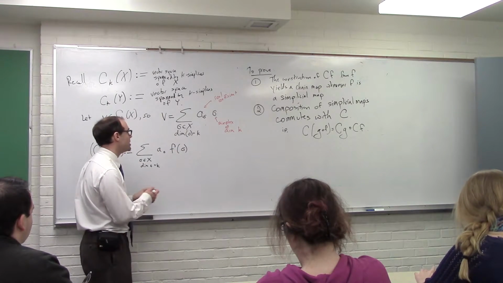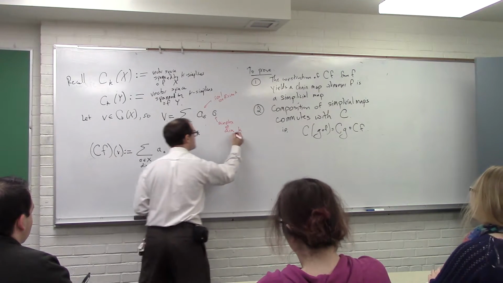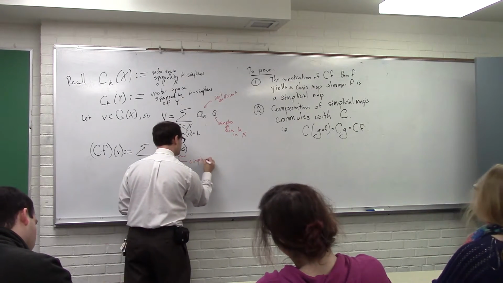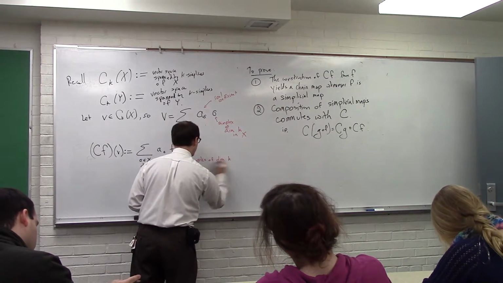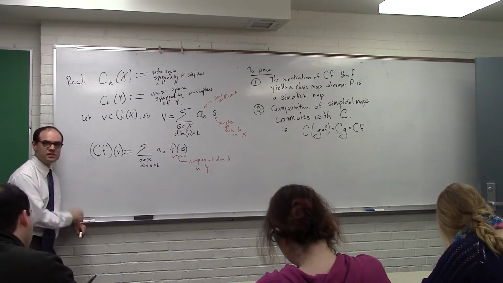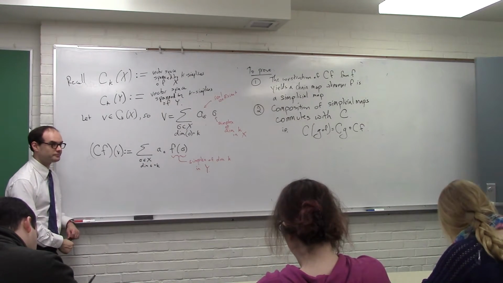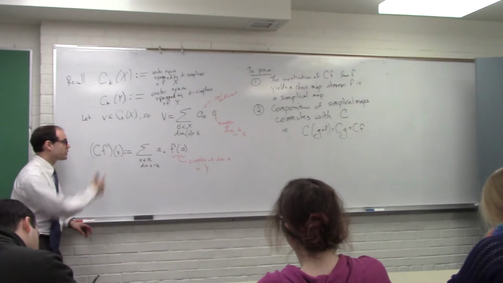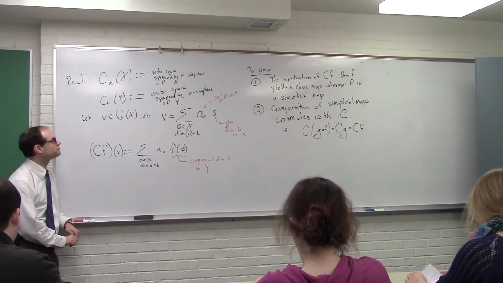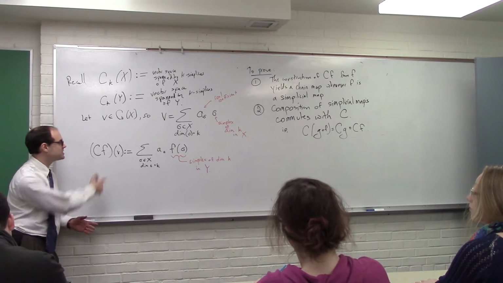This thing, F of sigma, is a simplex in Y. So this is in X, and this guy is a simplex of dimension k in Y. By assumption, we preserve the dimension of simplices. Take simplices of dimension k, they just move them over to Y. And still real coefficients. Okay, that's literally it. That's the definition of that.